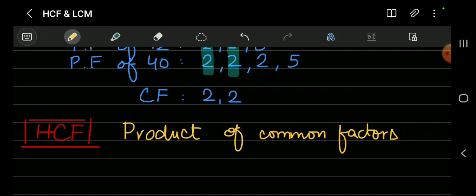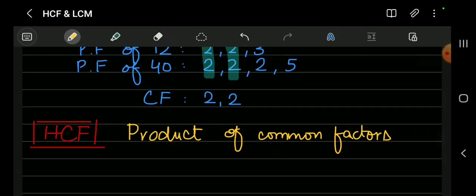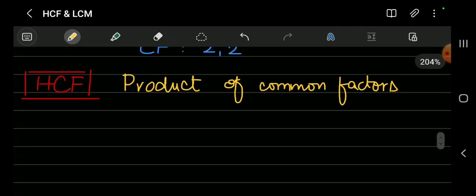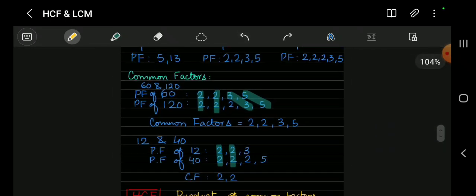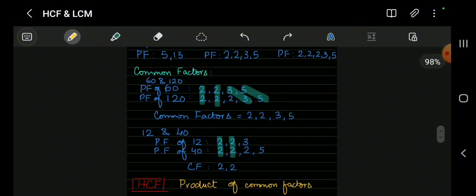Product of common factors is your HCF. Now we will talk about the numbers that we have learned about up till now, like the common factors that we found out.